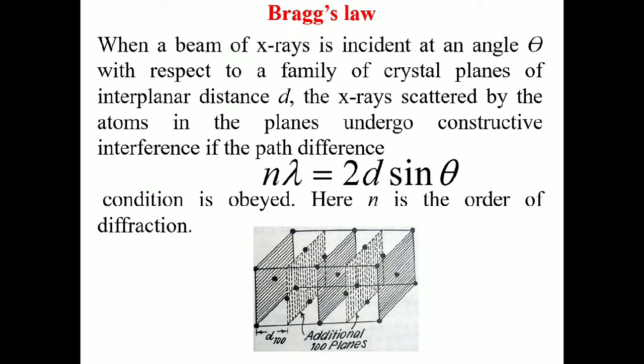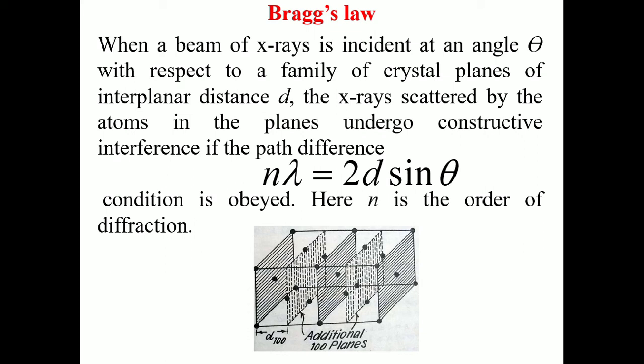And you had learned that a condition for diffraction is that the dimension of the obstacle that is diffracting the light should be equal to or closer to the wavelength of that radiation. So the wavelength of the diffracting beam and the size of the obstacle should be comparable. That is the basic condition for effective diffraction.